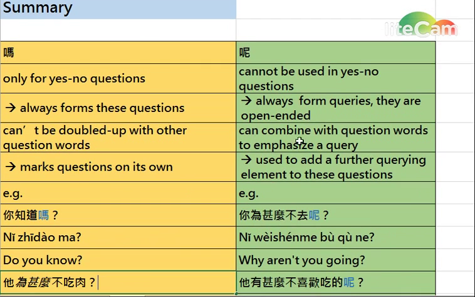And the particle ne cannot be used in yes-no questions, and is always for queries. They are open-ended. They can also combine with question words to emphasize a query, adding a further querying element to these questions.